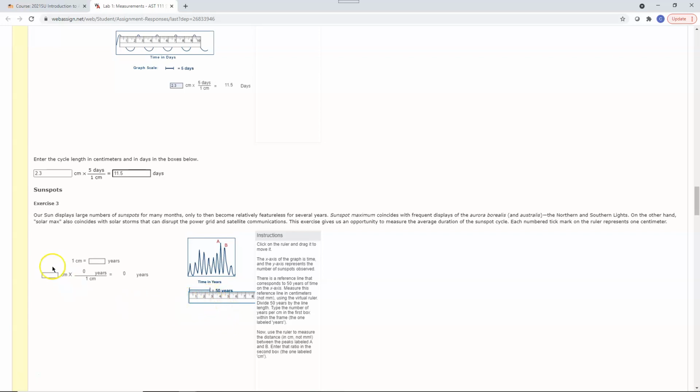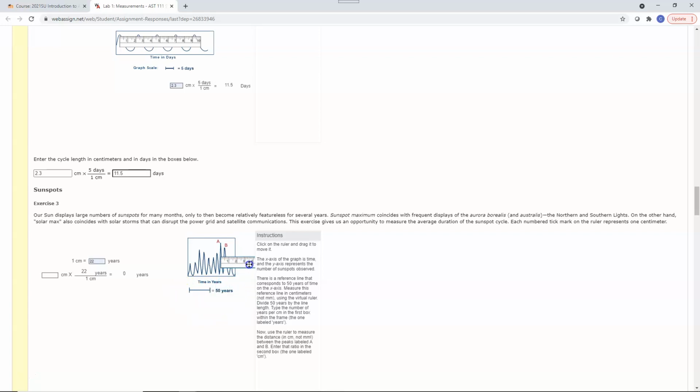So half of that would be about 22 years. We'll just make that, because it's a little bit less. I have it not quite all the way on there. So it's about 22 years right there if you do half of that peak.